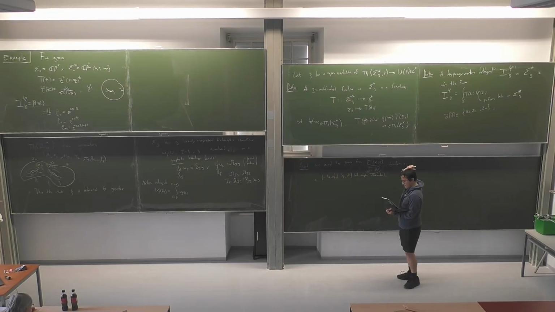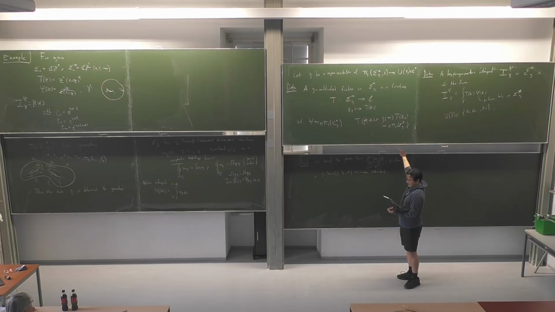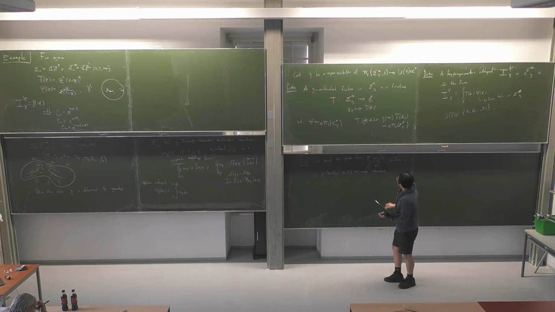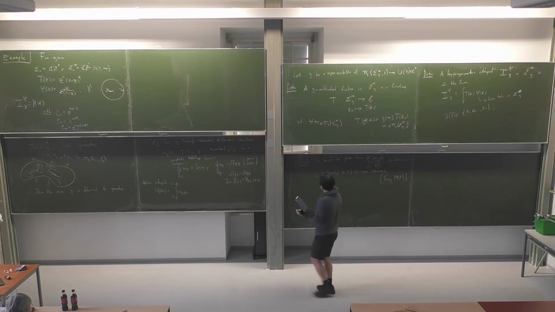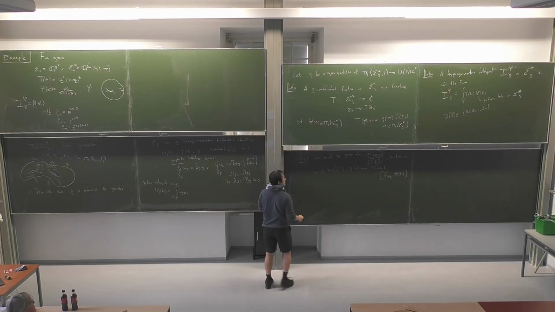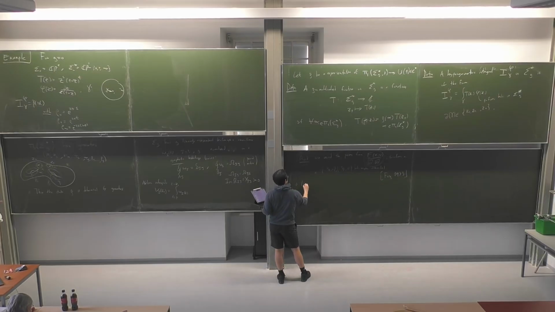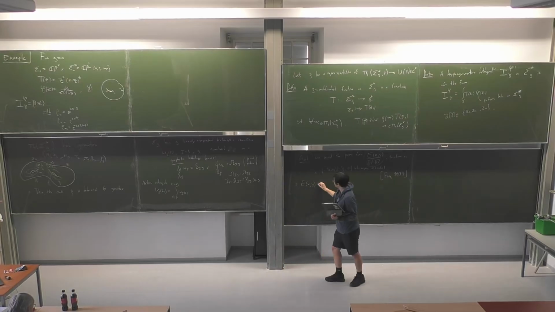And then if you want to see a characterization of the prime form, I recommend looking at Fay. He has a whole chapter on prime forms, but a very nice property of prime forms is that E of x comma y equals minus E of y comma x.